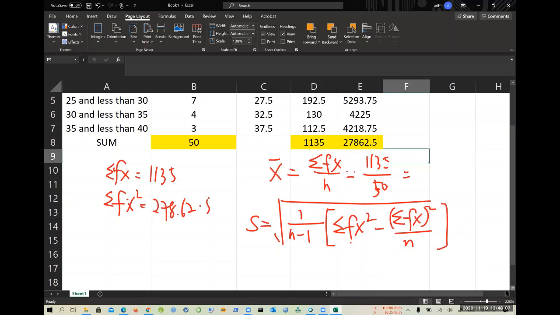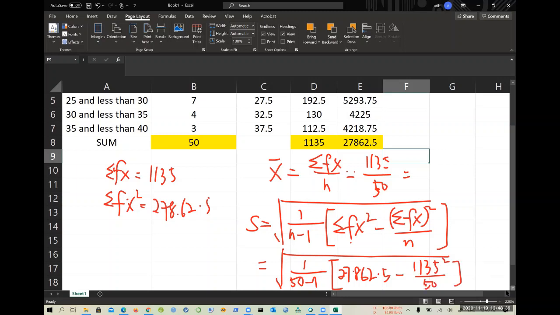Substitute the value, you're going to get 1 over 50 minus 1, times 27862.5 minus 1135 square divided by 50. Let me just do this calculation once.